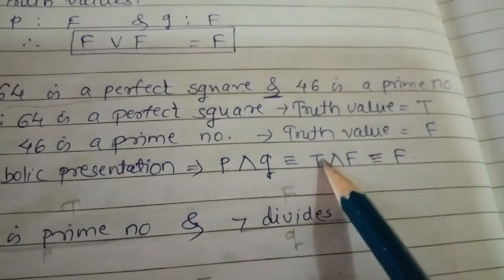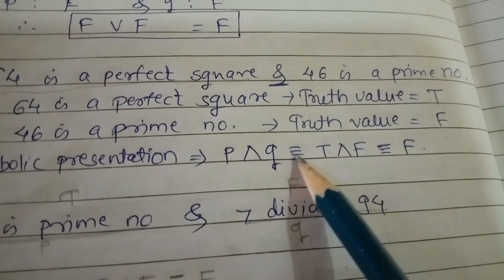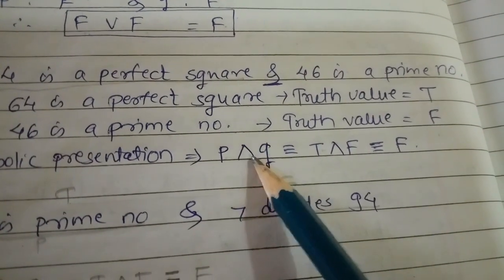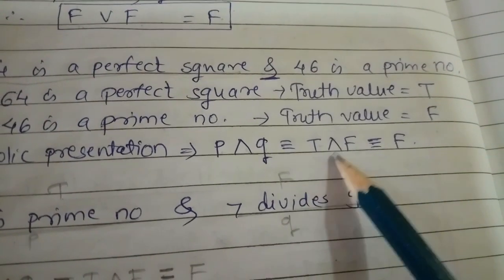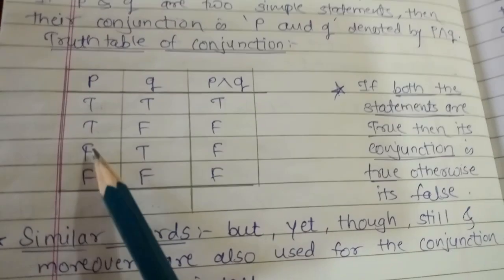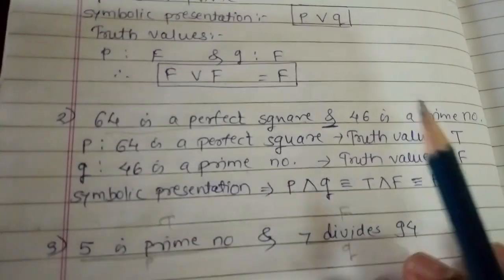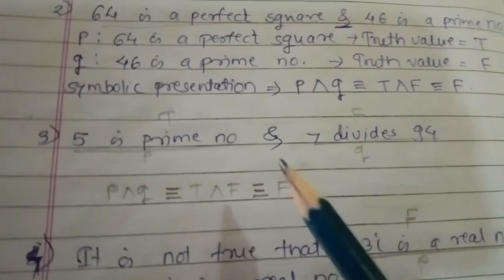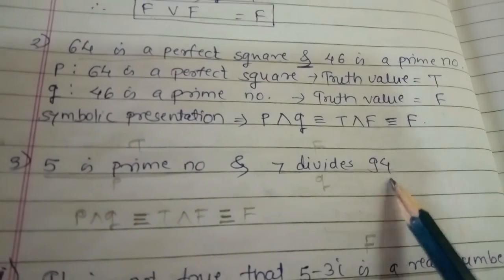It is T. So I'm writing here T. Here we have to write down the equivalent sign, that is the three arrows, and conjunction is as it is, and for Q the truth value is F, and you know that T conjunction F is F. For that again we have to see the table of conjunction, that is T conjunction F is F. So for writing this answer you have to know the truth tables. Now I'm going to write down the shortcut method, but in exam you have to write down by this method.